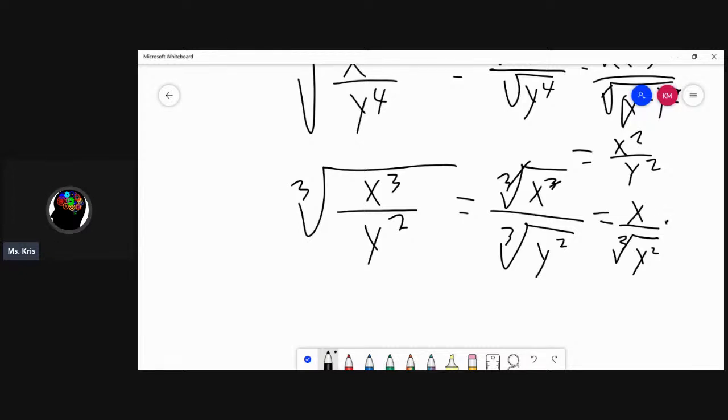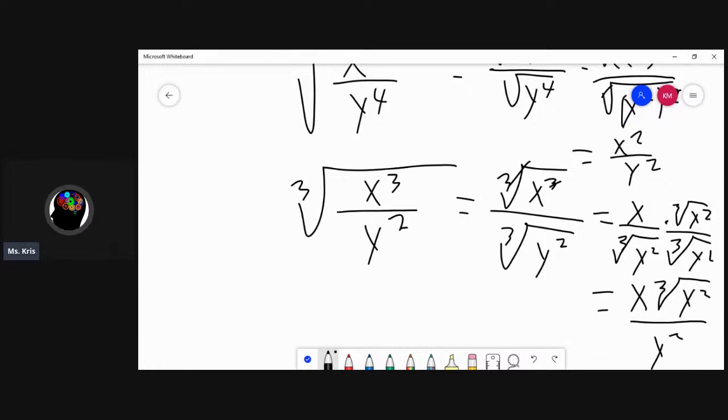So to rationalize, I multiply by the cube root of y squared on the top, cube root of y squared on the bottom, and my answer leaves me with x times the cube root of y squared over y squared.